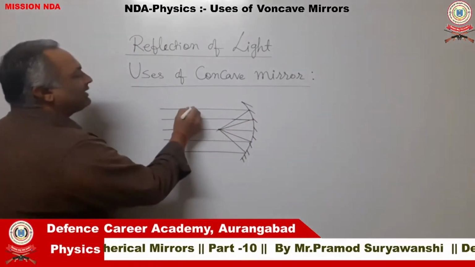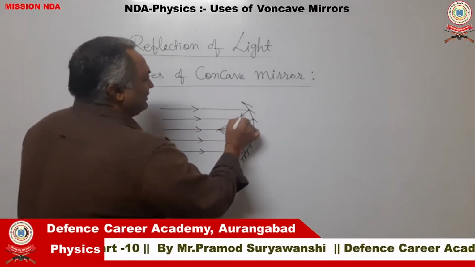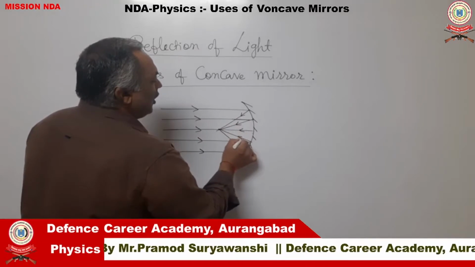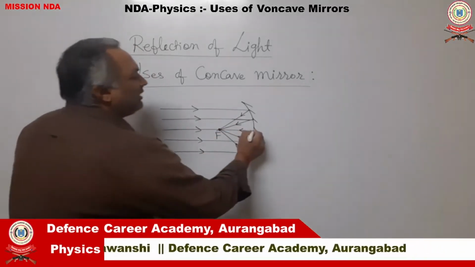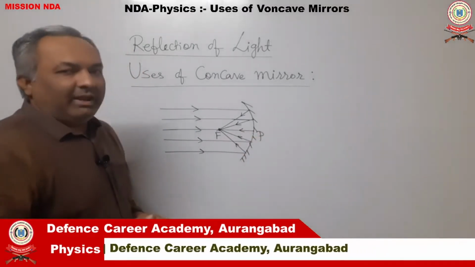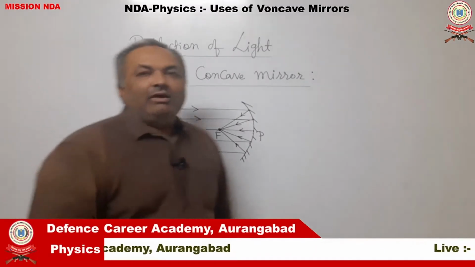Now imagine that the incident rays are coming directly from the sun. That is, all these incident rays are nothing but rays of sunlight. So after reflection, they will converge at the focus.